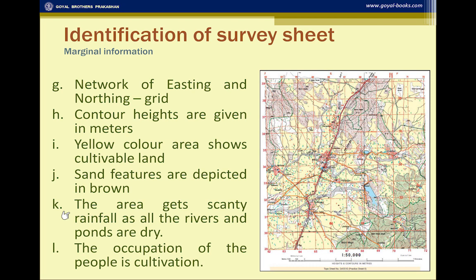The streams are given in black color. The occupation of the people, if we have to study, it is cultivation. You can answer in the same manner. If the question comes, what is the occupation of the given survey sheet? We can say it is cultivation because it is colored yellow.